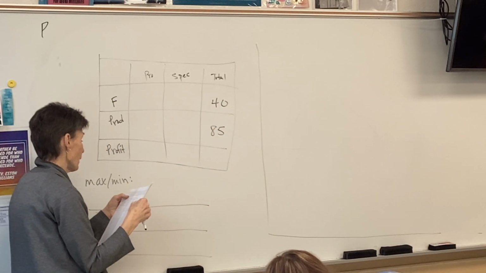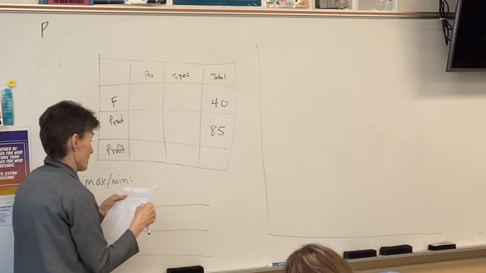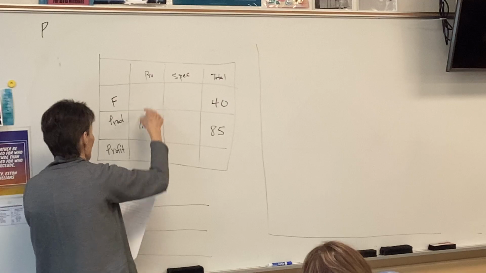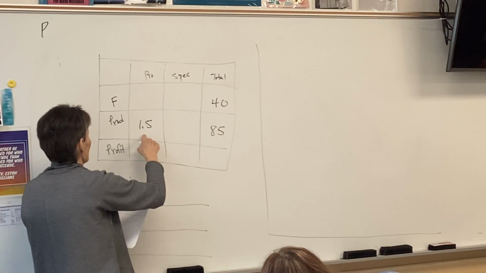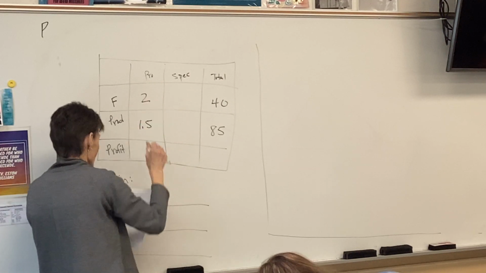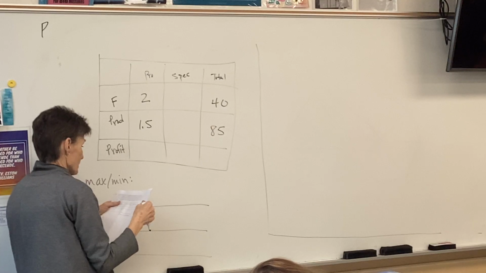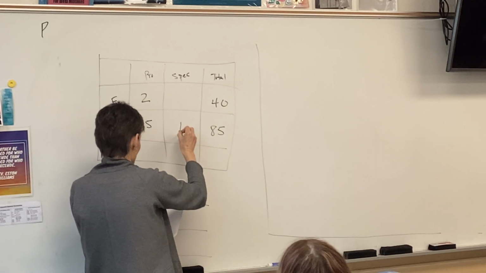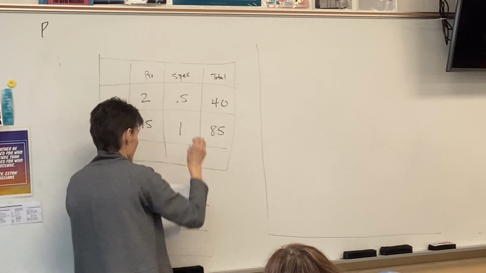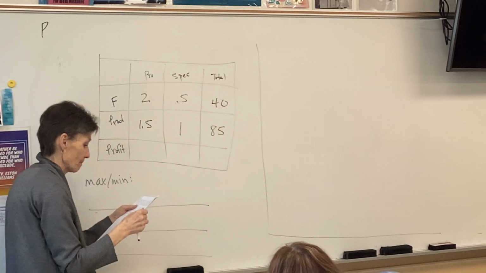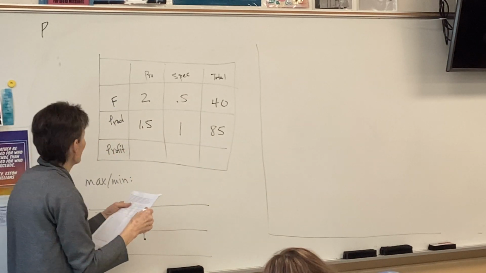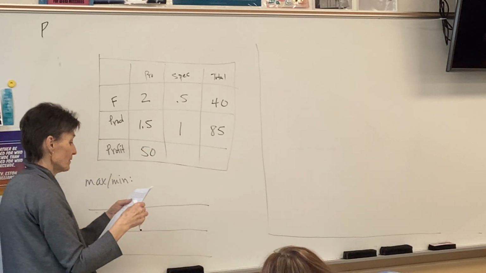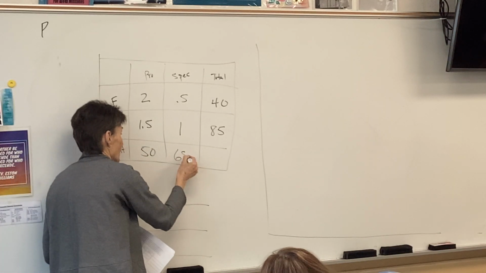Pro boards require 1.5 of production, pro production, and 2 of finishing. Specialty gets 1 hour of production and half of finishing. Profit on a pro is 50, and profit on a specialty is 65.